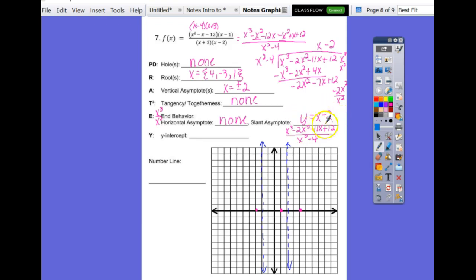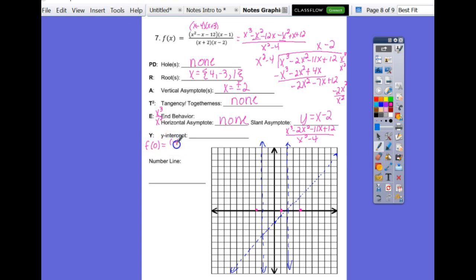So let's go ahead and put this on the graph. We're going to start at negative 2, which is here, and then you go up 1 over 1. So my slant asymptote goes this way and this way. Next I need to find my y-intercept, which means I'm going to plug zeros in.